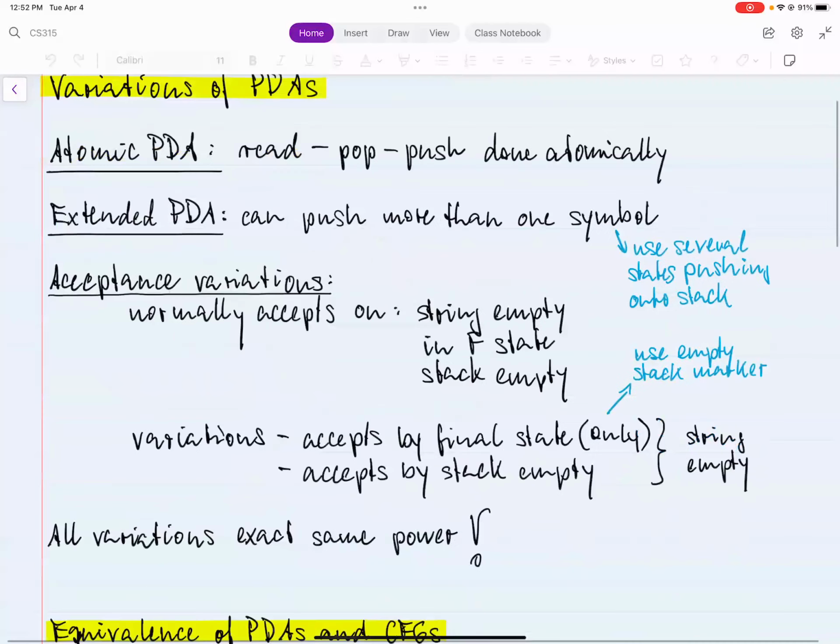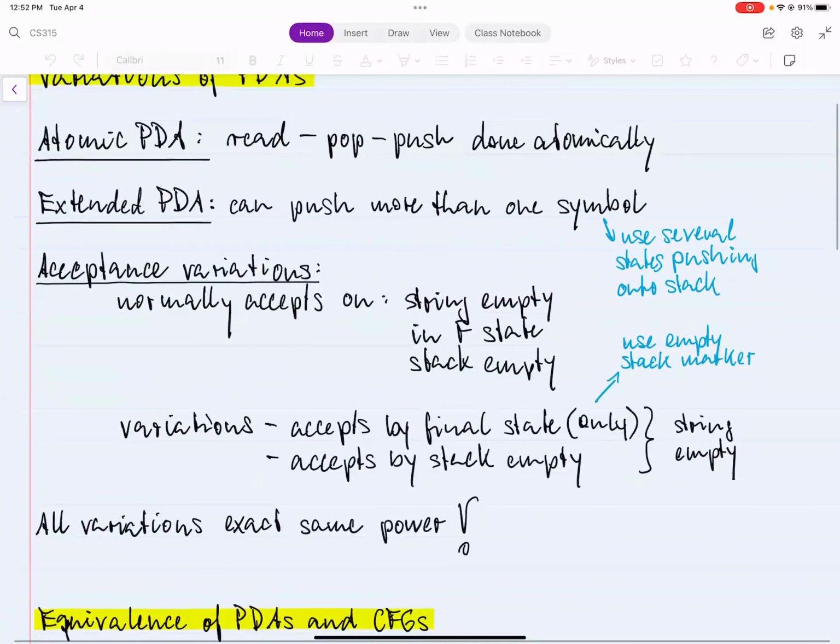Okay, so what are variations of PDAs? One variation is an atomic PDA, where the different things that a PDA is doing are being taken apart.